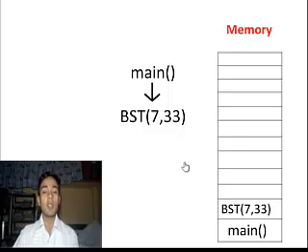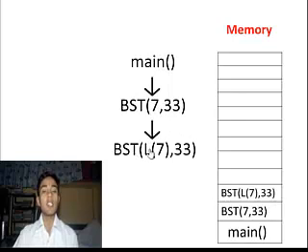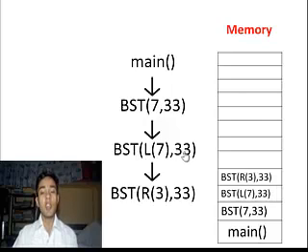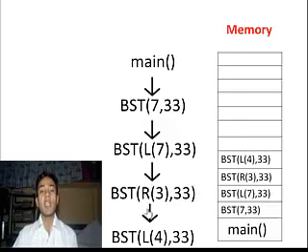This BST(7, 33) will again call BSTL(7, 33), and this BSTL(7, 33) will again call BSTR(3, 33), and this BSTR(3, 33) will again call BSTL(4, 33). And now this recursive tree will not grow, as the element to be searched is found.